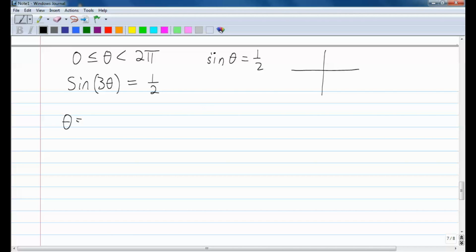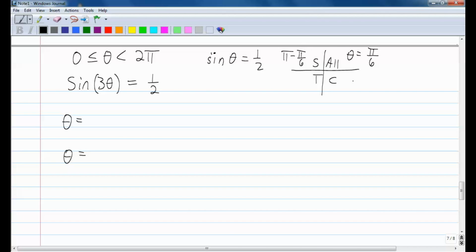So when I set these up, I do have to know the two places or the two angle measures where when I evaluate at sine I get a positive 1/2. The one in the first quadrant is what? Pi over 6. And then in the second quadrant I say pi minus pi over 6.